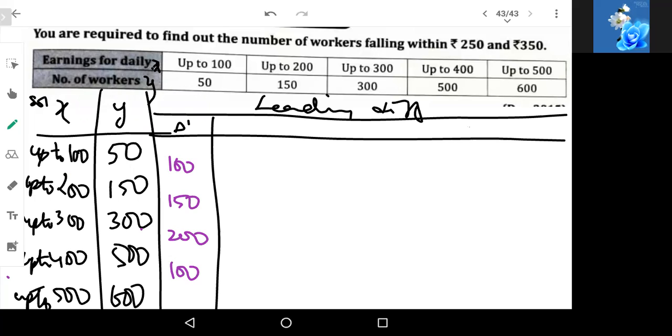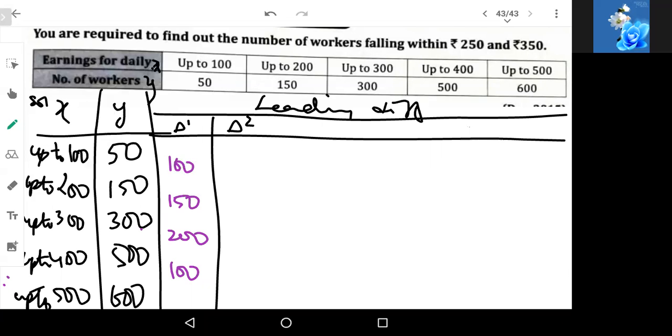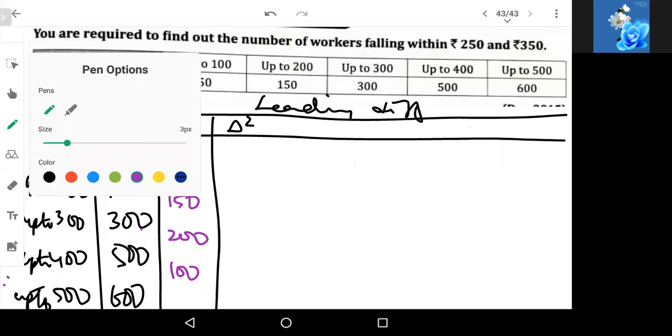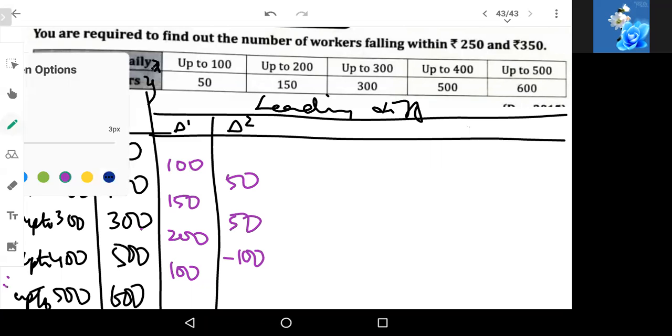Okay, good. Now the second leading difference will be between the next two numbers. 150 minus 100 will be 50. 200 minus 150 again will be 50. 100 minus 200 is minus 100.